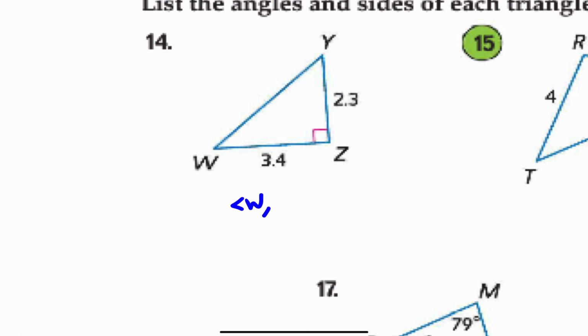And then angle Y is my second smallest angle. And since this is a right angle, this is what I call the hypotenuse, and the hypotenuse is always the longest side of a right triangle. So it has to be angle Z.